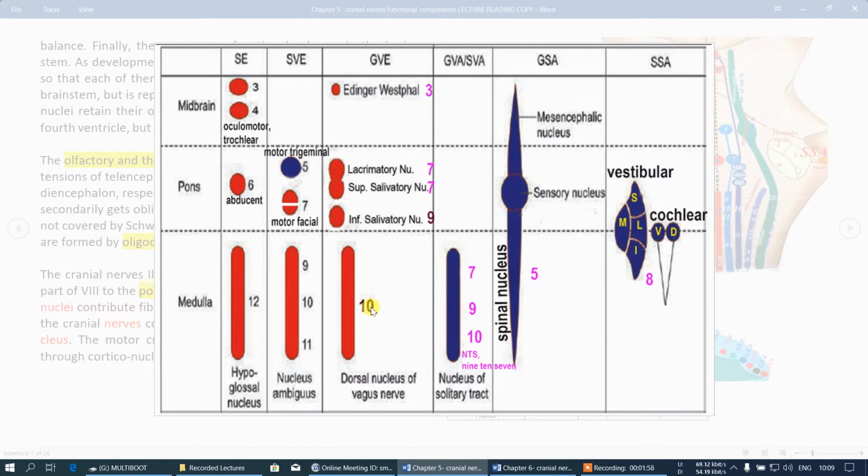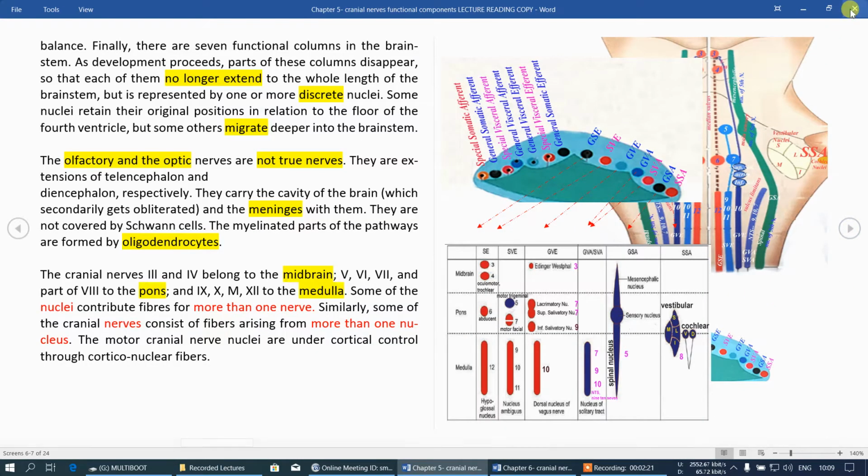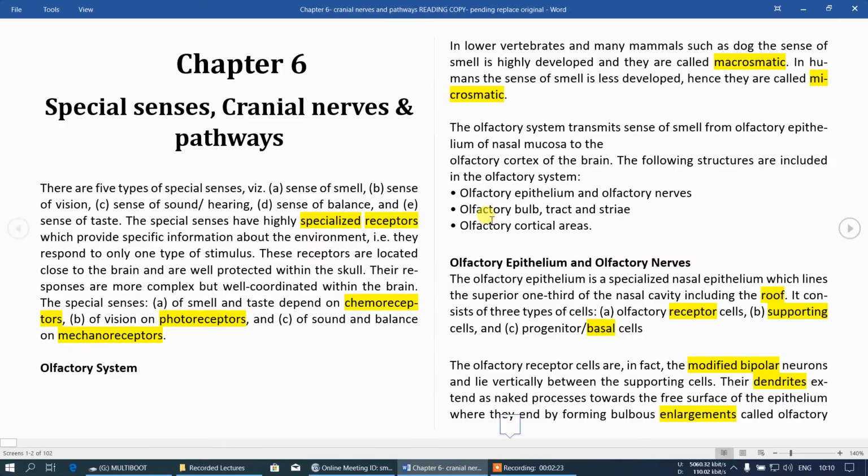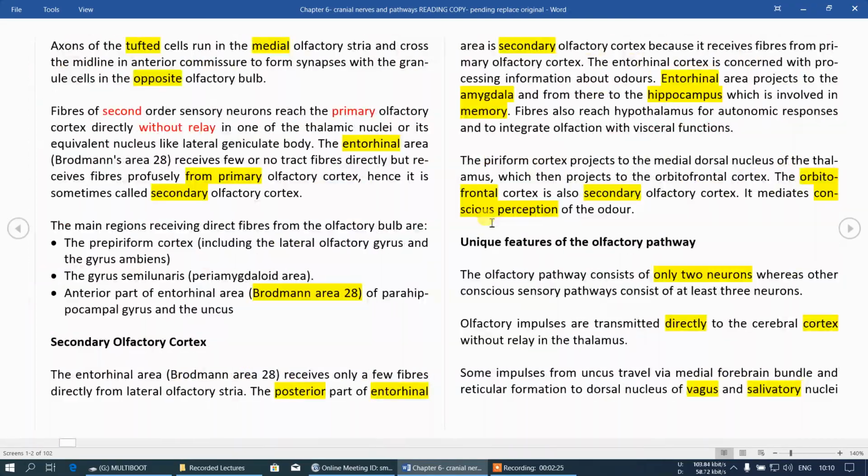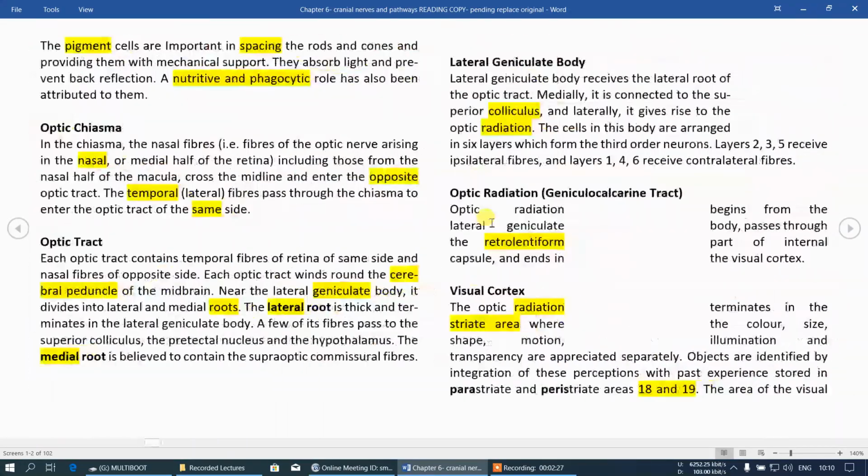So if we assess both, it is usually spread across the mucous membrane of nose, palate, pharynx, larynx, tongue, etc. So we will see the glossopharyngeal nerve first.